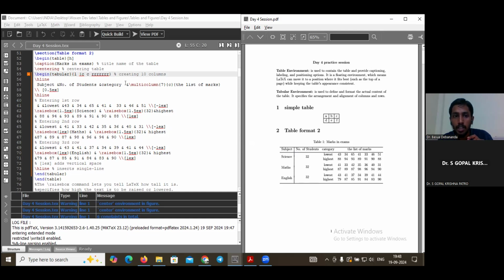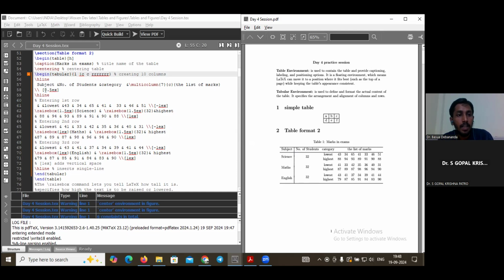Then the fourth one, ampersand. Now I have used \multicolumn. Since there are 7 columns here, within the curly bracket I have written 7, I need 7 columns, that's why I have written 7C. Within the bracket, "List of marks" is the heading for these 7 columns.